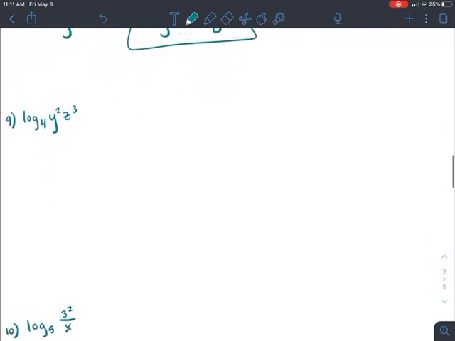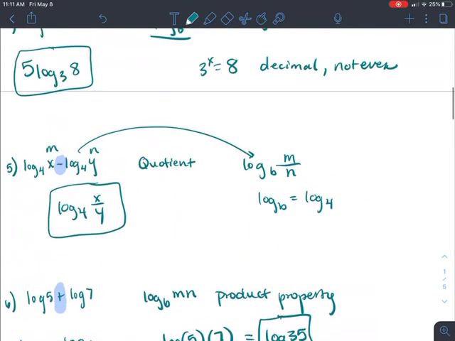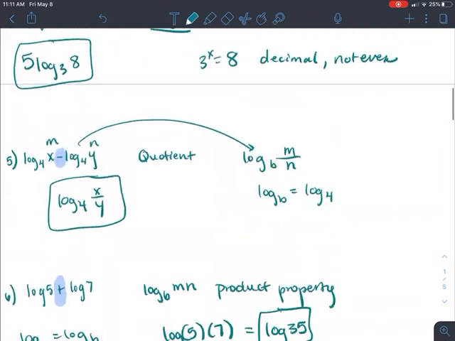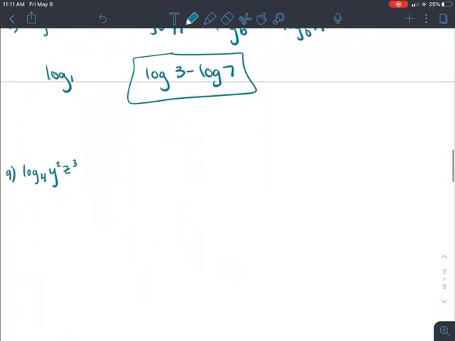So here, I see that we've got some exponents, and I know that one of my properties deals with exponents, okay? And that one is the power property. The power property states that log base b of m to the n is n log base b of m, but we also have another property going on here.